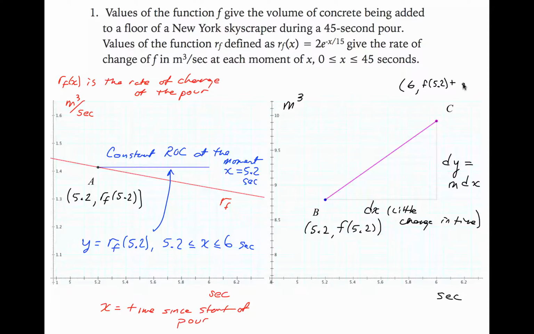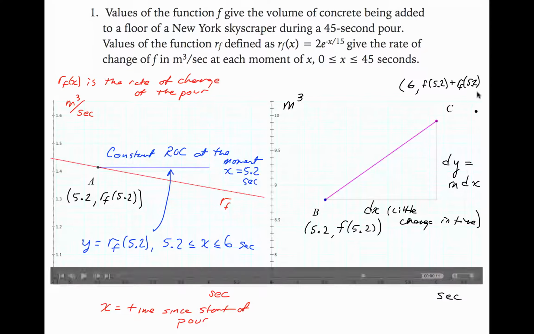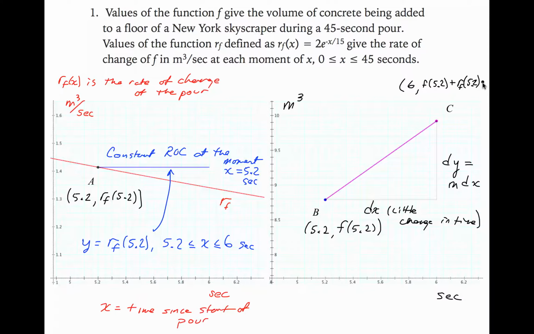So it's going to be r sub f of 5.2. That's m dx. And what's dx? dx is the little change in time, which is 0.8. Almost got it to fit.